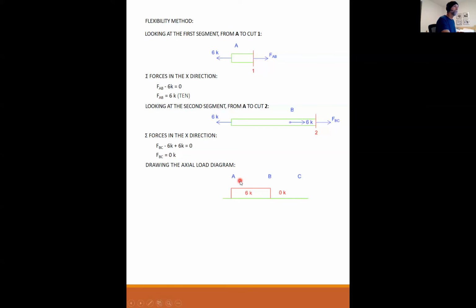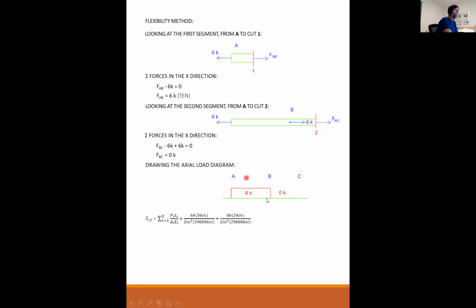And again, as you can see, the load is constant from point A to point B. Okay, so the deformation at C, delta C free, is equal to the sum of, from 1 to 2, I only have 2 segments, of PL over AE for each segment. You have to sum up each segment independently.